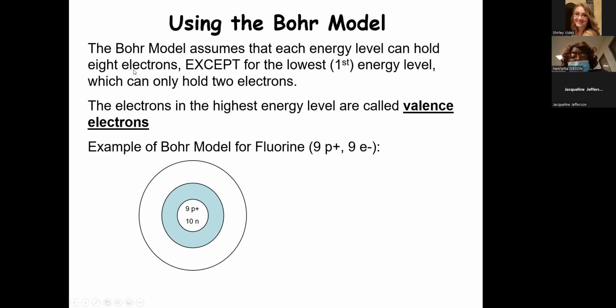Okay, so the Bohr model says that each level can hold 8 electrons, except for the lowest, which is the first energy level, the one in blue, that can only hold 2. The electrons in the highest energy level are called valence electrons.